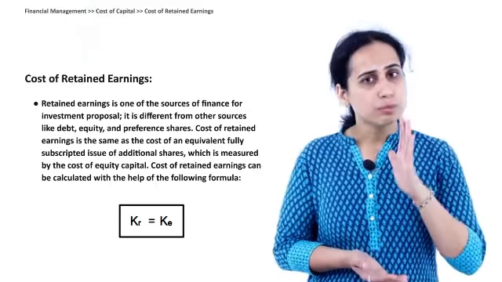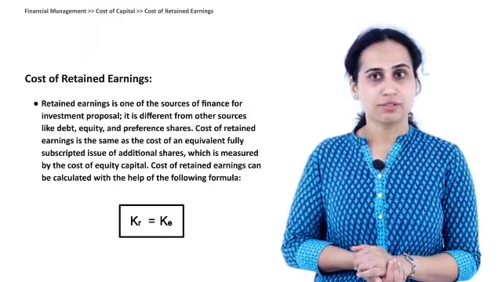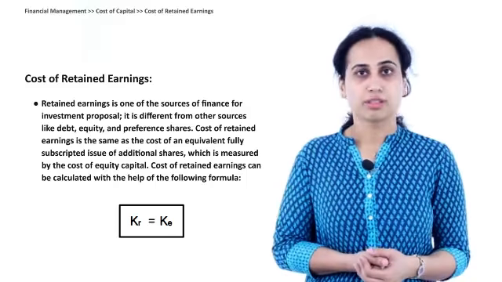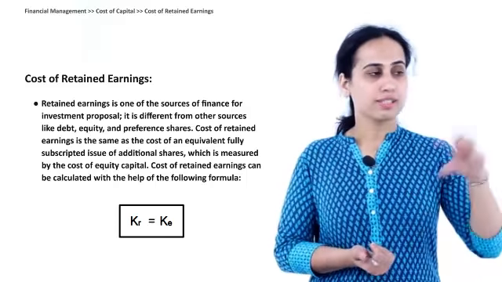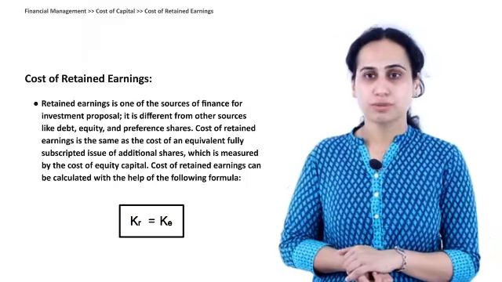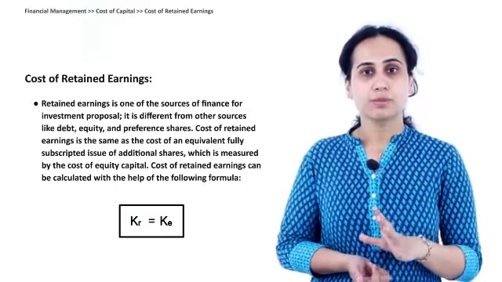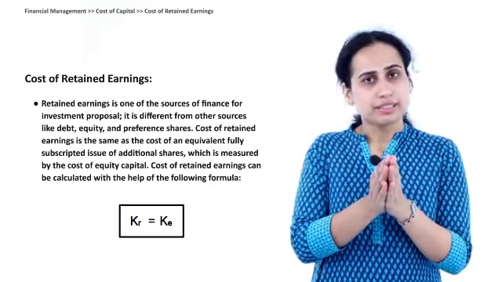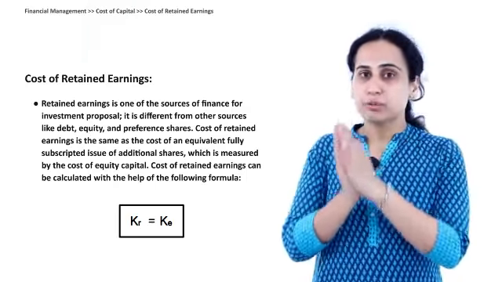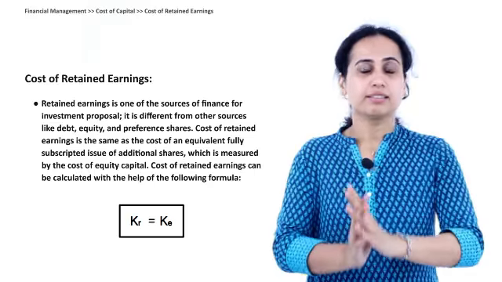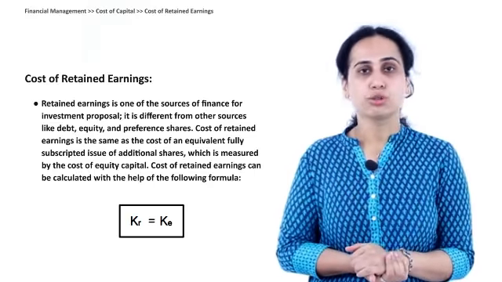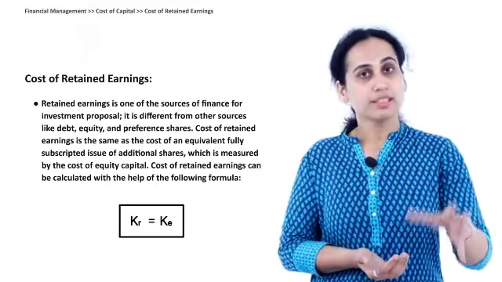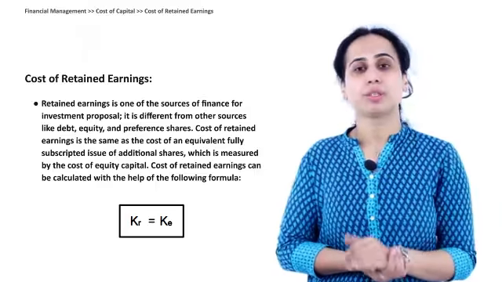Retained earnings is one of the most important sources of finance. It makes a company self-sufficient. It is different from other sources like debentures, equity and preference shares which you have studied. The cost of retained earnings is the same as the cost of equity. It is the cost of an equivalent, fully subscribed issue of additional shares, which is why it is measured by the cost of equity capital.